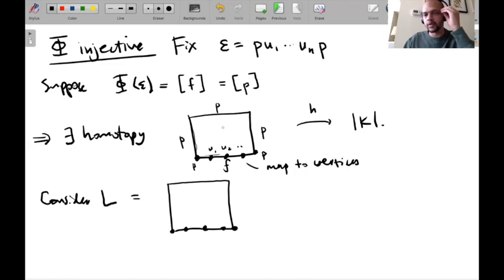And then between them you interpolate along an edge. Okay, so I'm going to put a simplicial structure on L by just making all of these triangles. So here, these were the things that map to the vertices. So I make these triangles like this.